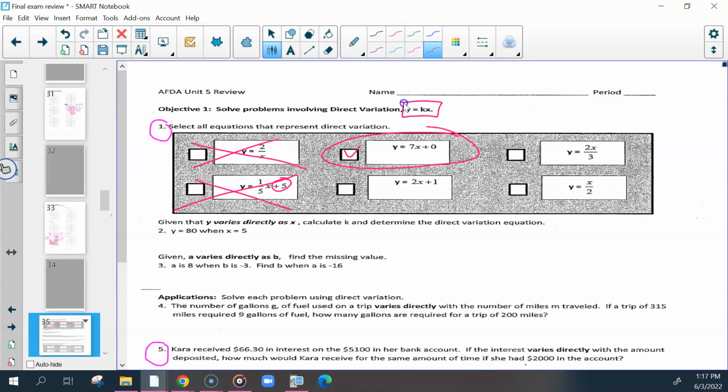The one underneath that has a y-intercept that is not 0, so that would not be one. This one we can rewrite as y equals 2 over 2x, so this is in that format. And same thing for this one, we can rewrite this as 1 over 2x. So this is one.